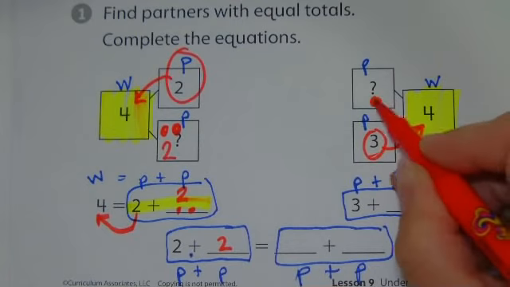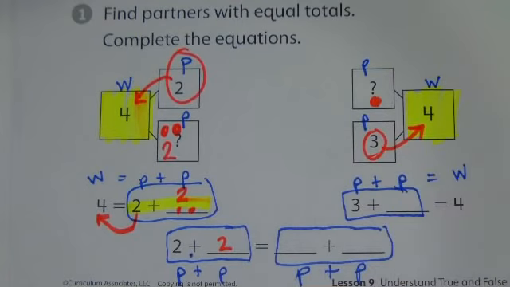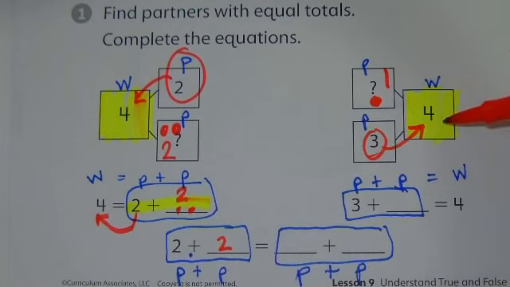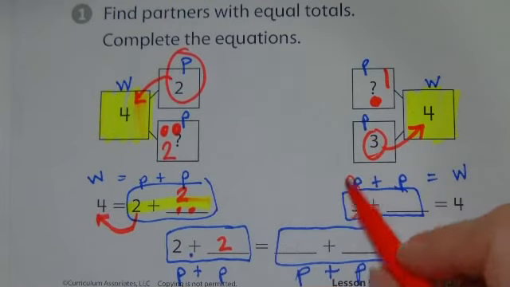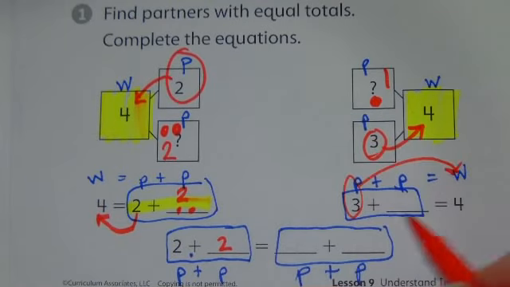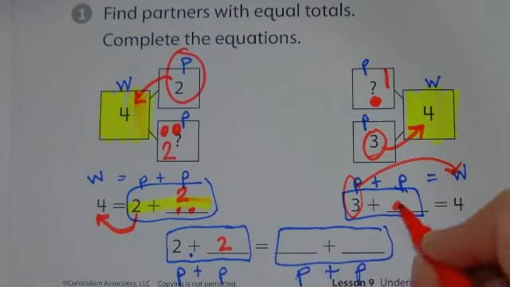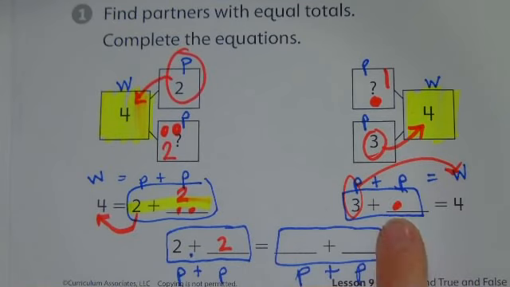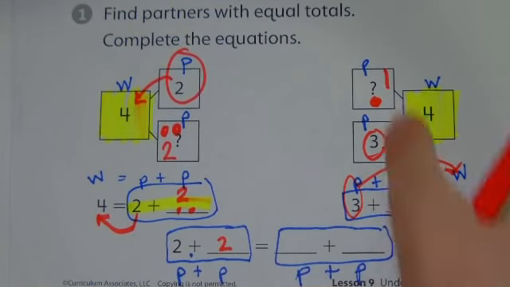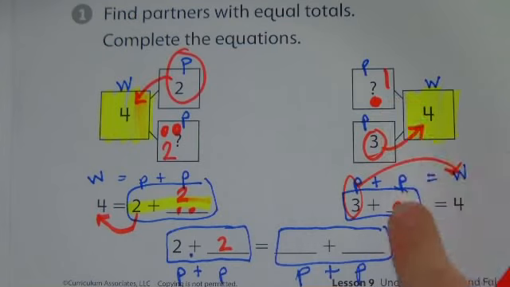So here's the part I know. Count up to the whole. 3, 4. How many is the other part? 1. 1 plus 3 equals 4. 3 plus 1 equals 4. Count on from the part we know up to the whole. 3, 4. What is the missing part? 1. It's the same number bond.